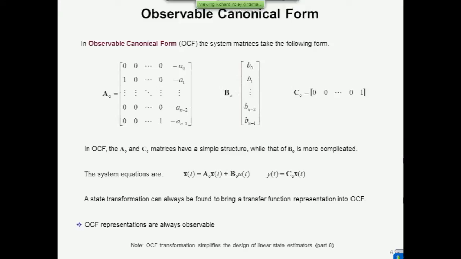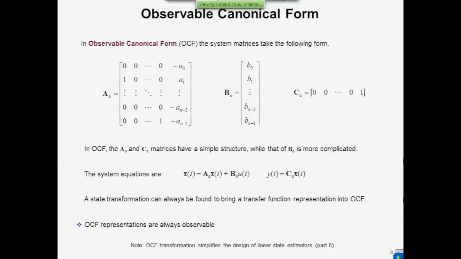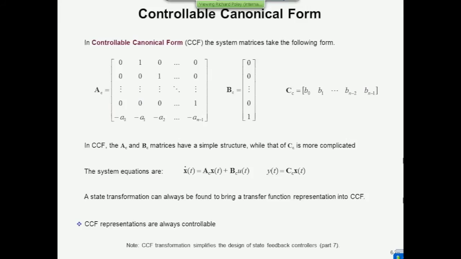And similarly, if you look at the output matrix of the observable canonical form, it's the same as the input matrix of the controllable canonical form, just transposed. So if you've got one description, you've automatically got the other, providing you know how to do a transpose, OCF and CCF.